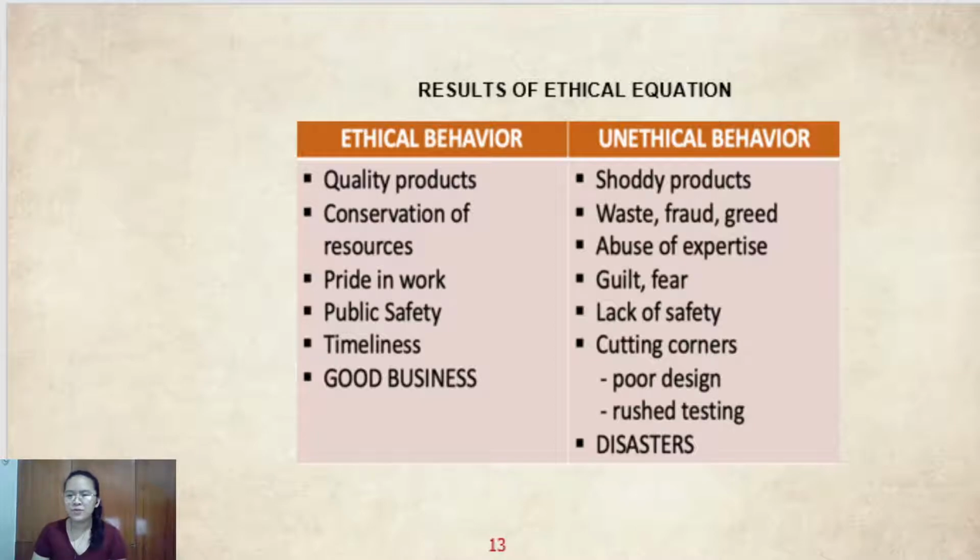Waste, then fraud, which is cheating, then greed, which is an intense selfish desire. Then next is abuse of expertise. Then guilt and fear. Then lack of safety. Then cutting corners, which is poor design and rushed testing. It will result in a disaster.